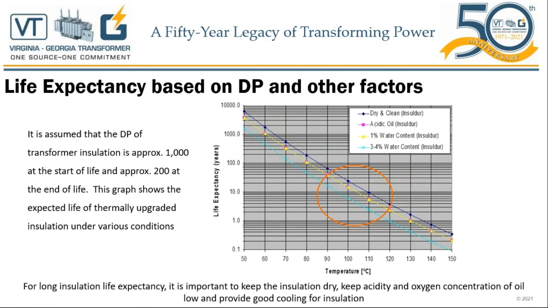With the same 100 degrees, if we go to 1% water content, then the life expectancy immediately jumps close to 20 years. Now, with everything dry, clean, acid level low, if everything is good in the transformer, if you run this transformer at 100 degrees temperature constantly, then the life expectancy will be over 20, 22 years.